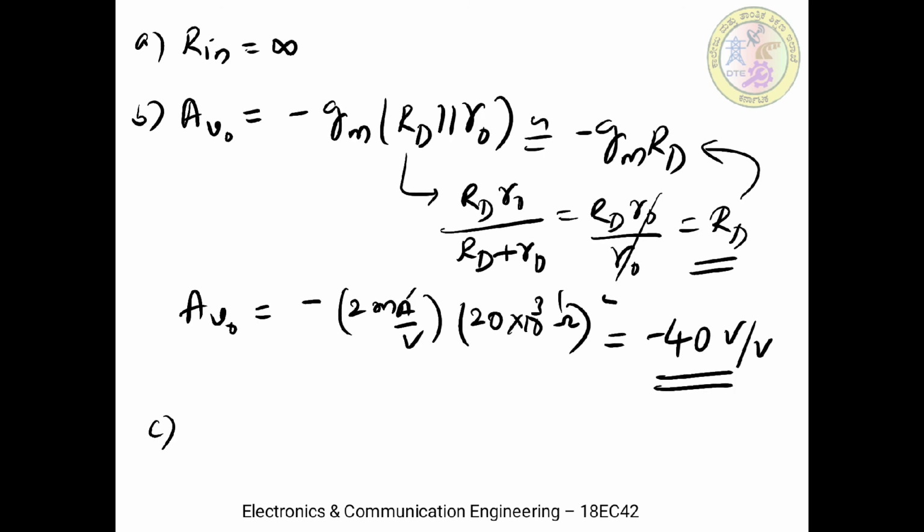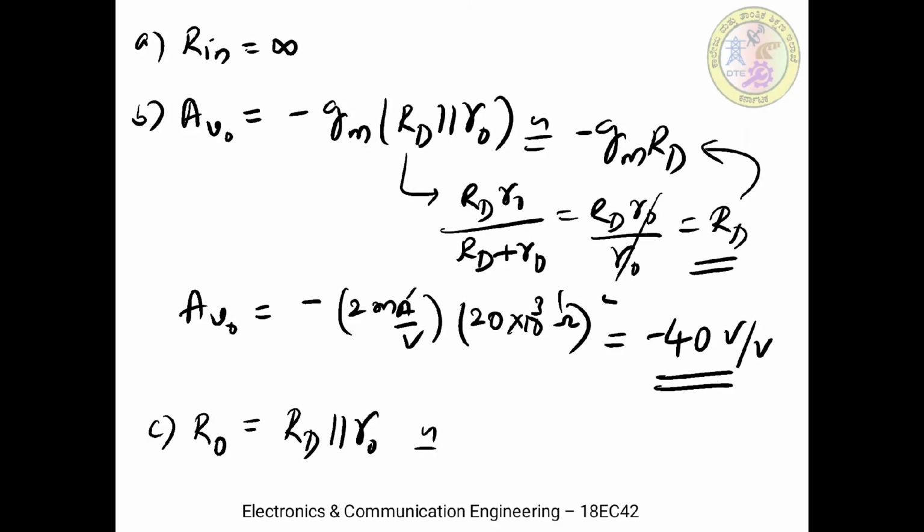Next, the third one, we have to determine the output resistance R naught. When small r naught, the transistor output resistance, is not considered, it will be simply equal to Rd. But when the transistor output resistance is also taken into consideration, then that r naught will come in parallel with Rd.